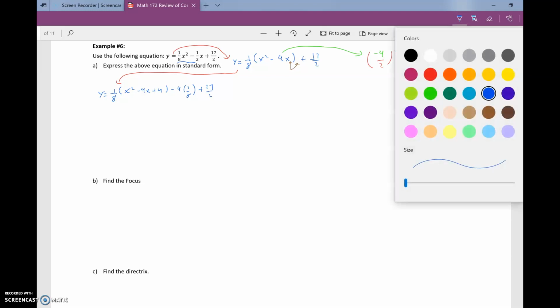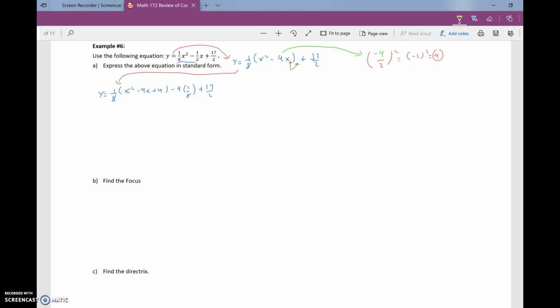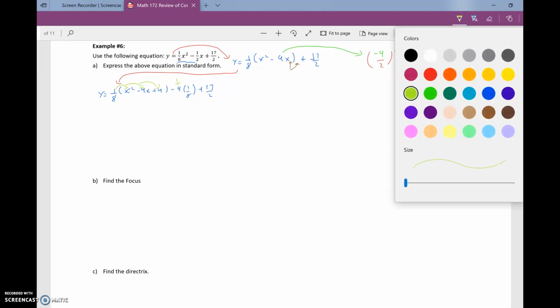And this is because you have a 1/8 on the outside of the parentheses, so the 1/8 is multiplying all the terms. So in reality, we're not adding 4, we're adding 4 times 1/8. That means you have to subtract 4 times 1/8. And then you can complete the square.